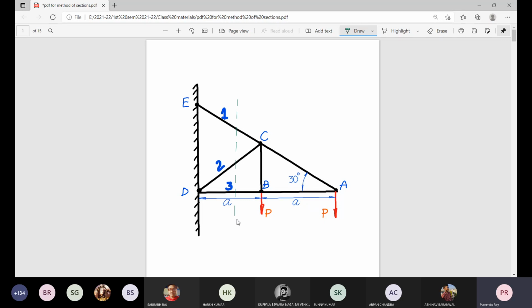But problems may be of different pattern also, where a single section will not give you all these members being cut by a single plane. So for that case, you need a number of planes.